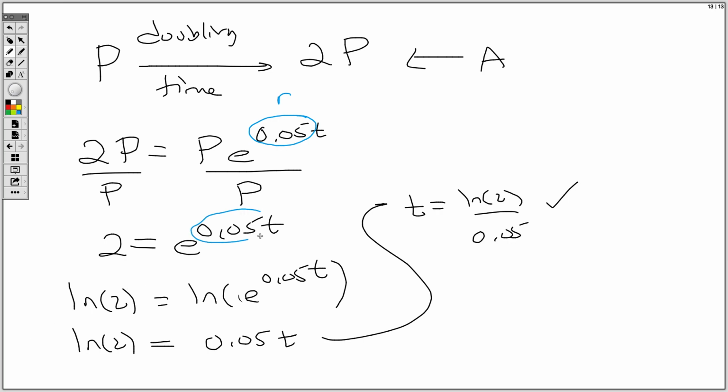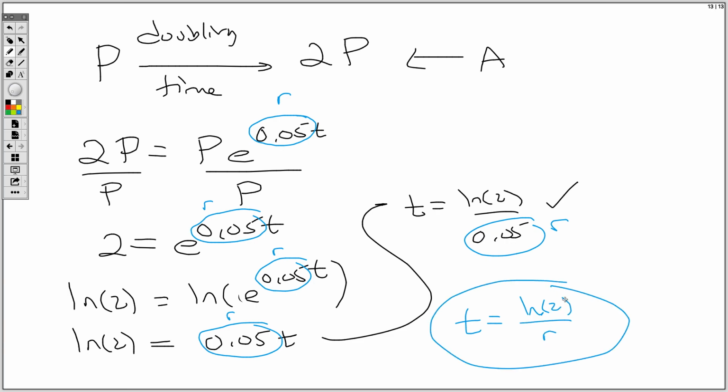If we just had interest rate R here, you'd have the R here, and we have that the doubling time is the natural log of 2 over R. That's if the interest is compounded continuously.